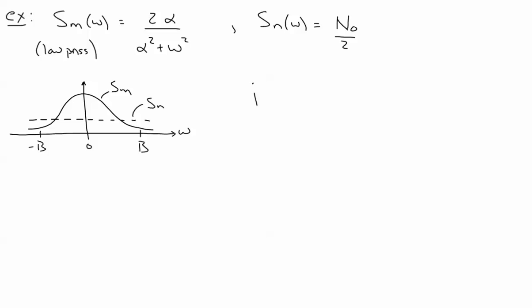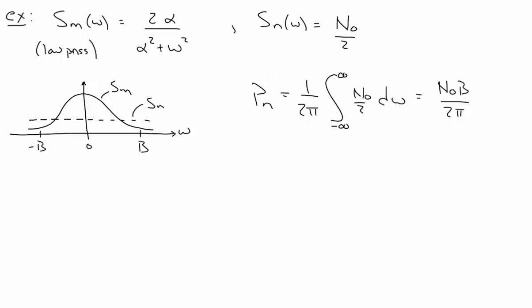My noise power, calculating this from a radian frequency perspective, is 1 over 2 pi, integral from minus infinity to plus infinity, of my noise power spectral density, N0 over 2, d omega, and that is just N0 B over 2 pi.